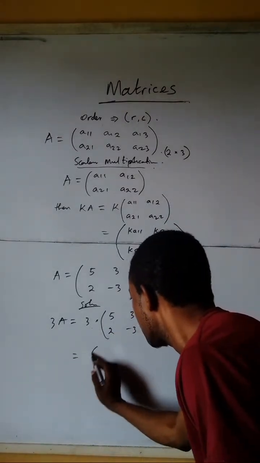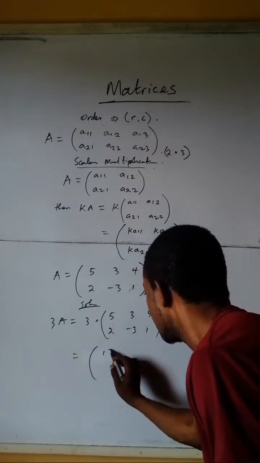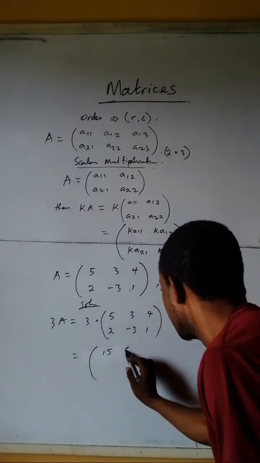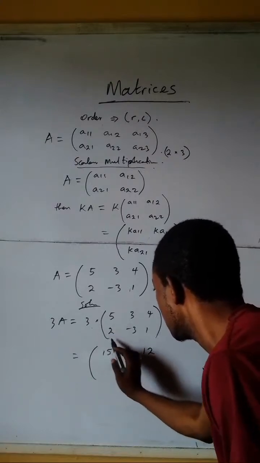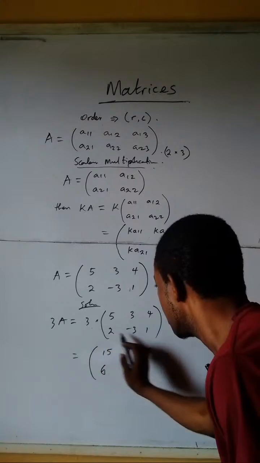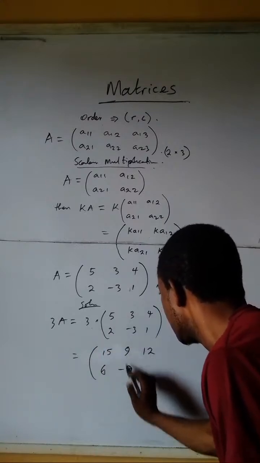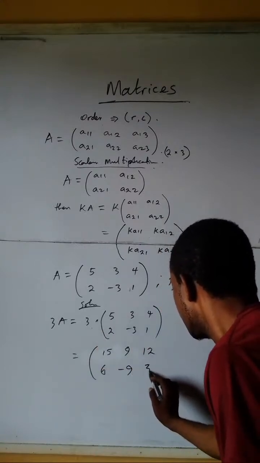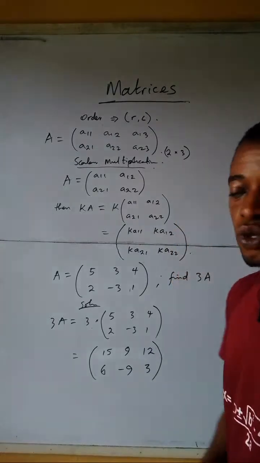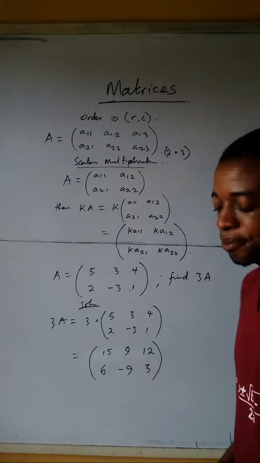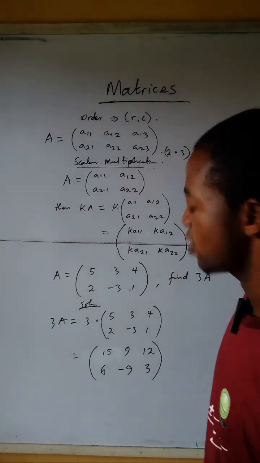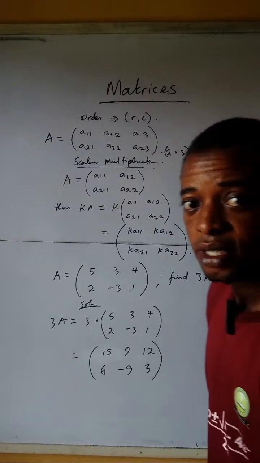And this becomes 3 times 5, 15, 3 times 3, 9, 3 times 4, 12, 3 times 2, 6, 3 times minus 3, minus 9, 3 times 1, 3. So this is what is referred to as scalar multiplication of matrices. Then let's apply this and solve some examples here.